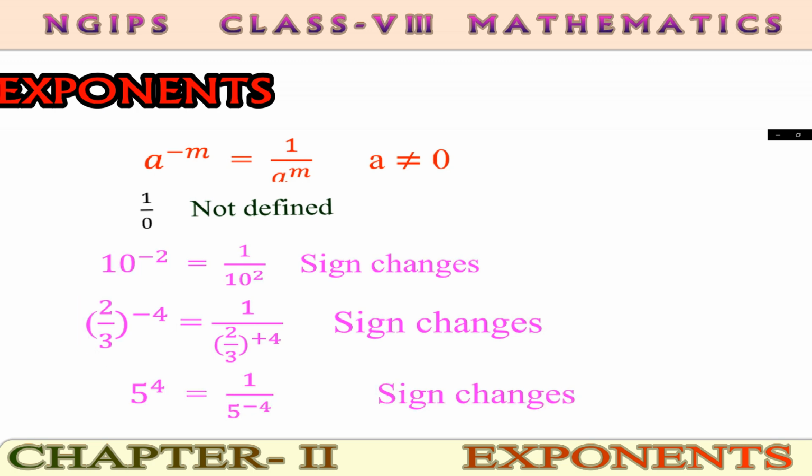To write it as a positive exponent, we write it as 1 divided by 2 by 3, the whole raised to power 4. Again, we just change the sign of the exponent and write it under 1. The same trick can be used for positive exponents too. Now consider 5 raised to 4. We can write it as 1 divided by 5 raised to minus 4. We change the sign of the exponent and write it under 1.